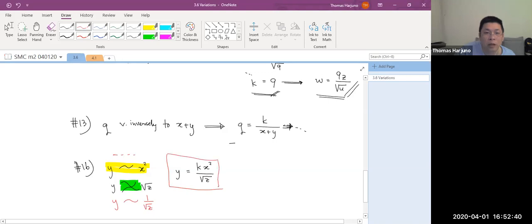Then from this number 16, there's a follow-up: when x equals 5, z equals 16, then y equals 10. Then you do what we did above to find the k. I think you can do that one yourself.